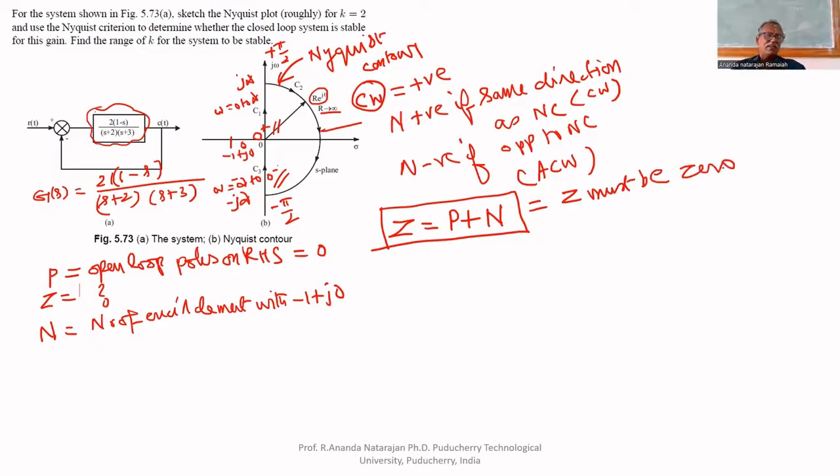That we have to check. Now, we have to map this Nyquist contour on this system. This is the Nyquist contour we have to consider.